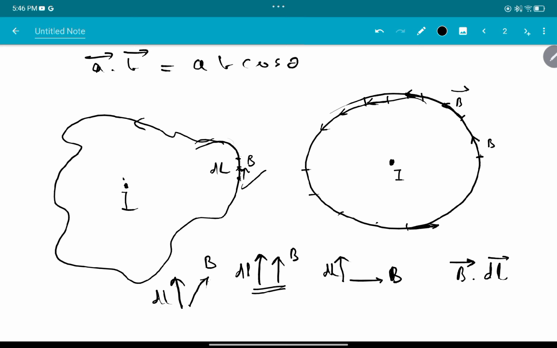Then we go to another point, find the parallelism there, then another point, find parallelism there, and so on, completing this whole journey. And then we add up all these little parallelisms, and we get the total parallelism, the integral of B dot dl.